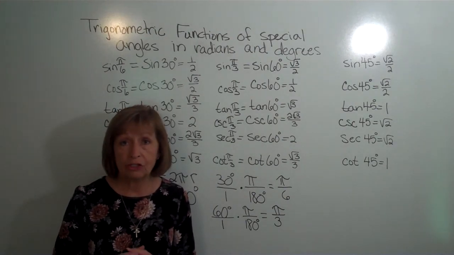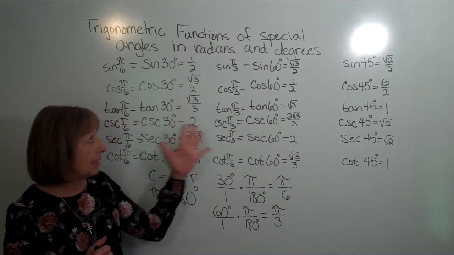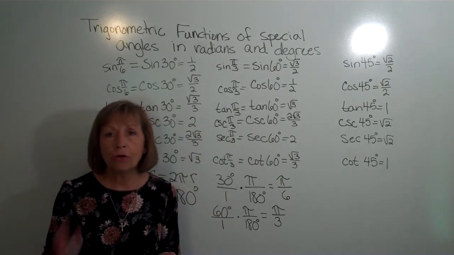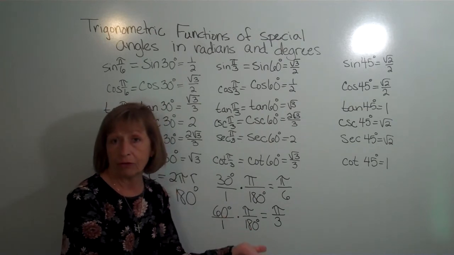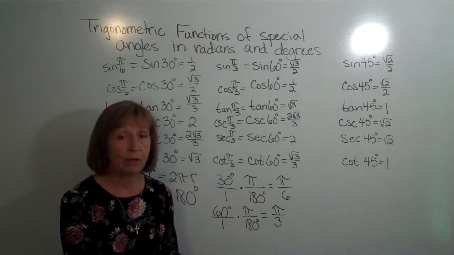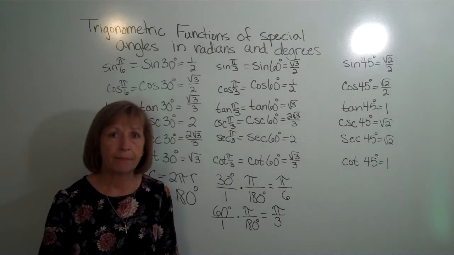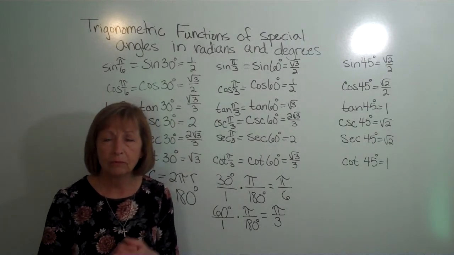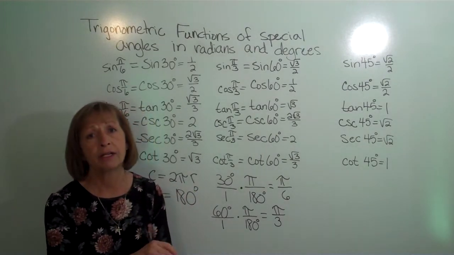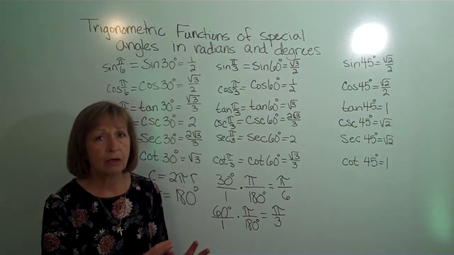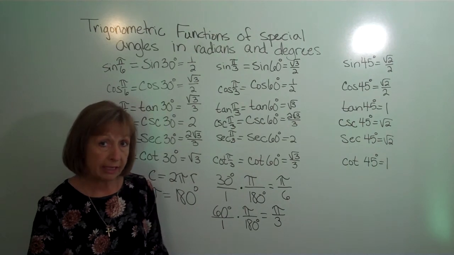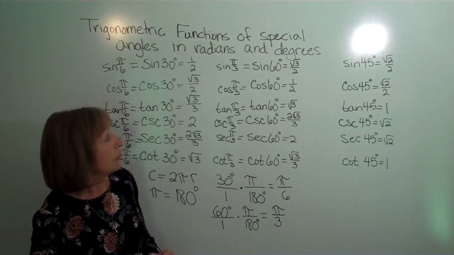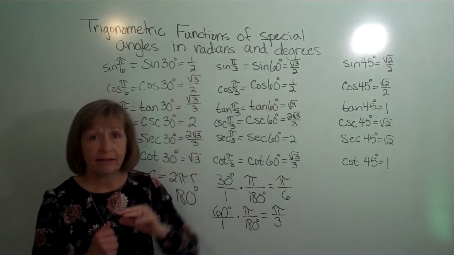Well, one of the things you can do when you're thinking about these nice angles is, for degrees, it's going to be 30 degrees, 60 degrees, or 45 degrees when we're looking at these beginning ones before we get into what happens if you go all the way around the circle. So just right there in the first quadrant, with our right triangle trig of our acute angles that are the special angles, I've got 30, 60, 45.